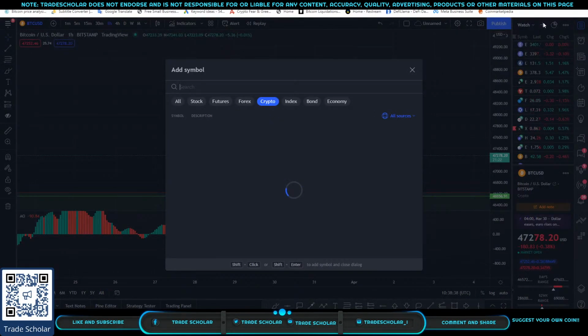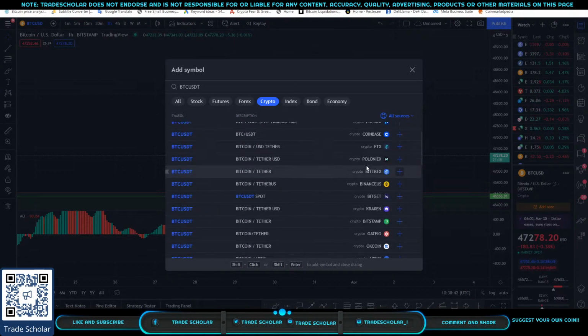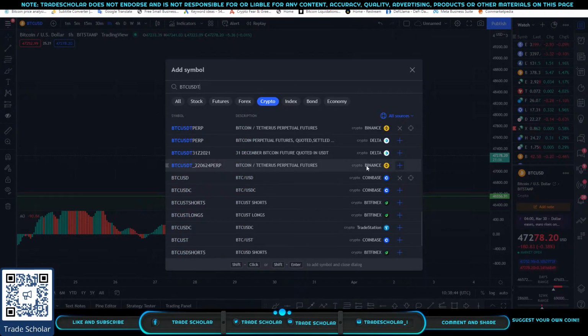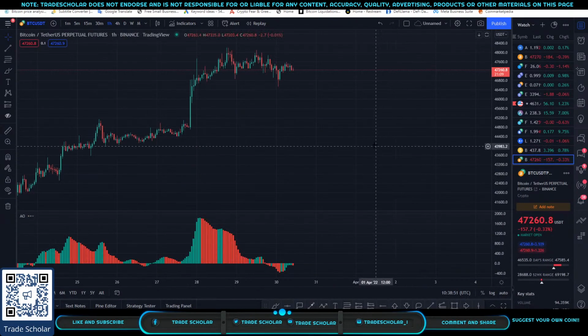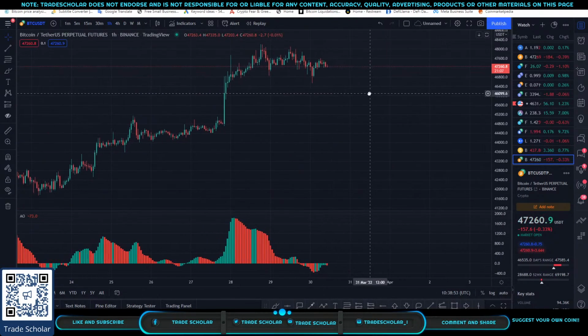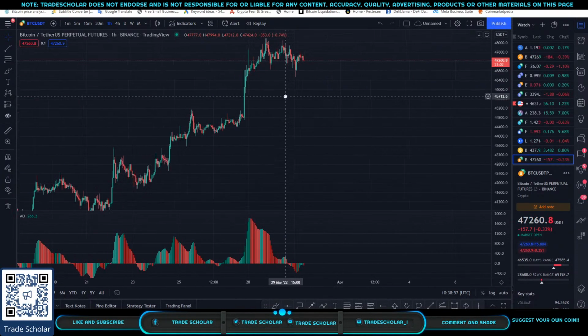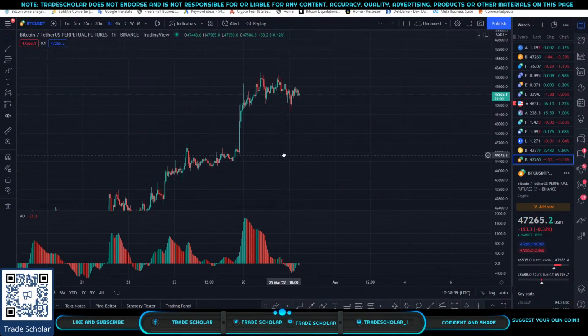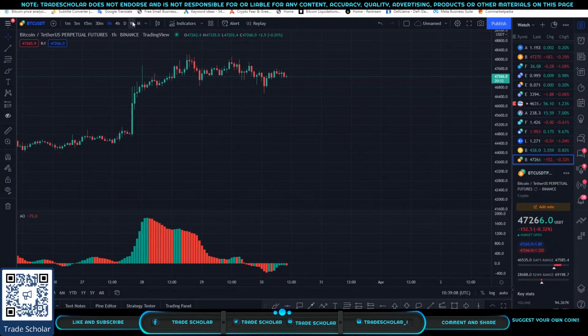Let me find my TA, BTC USDT. No TA, maybe because it's a different layout. Anyway, we can just create our TA again. Okay, let's check now the weekly time frame.